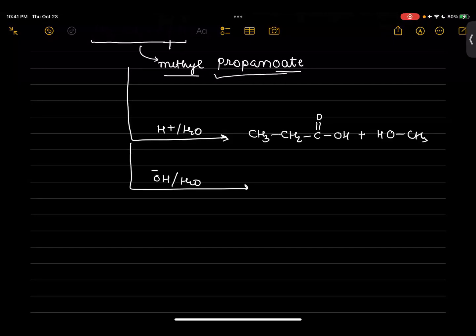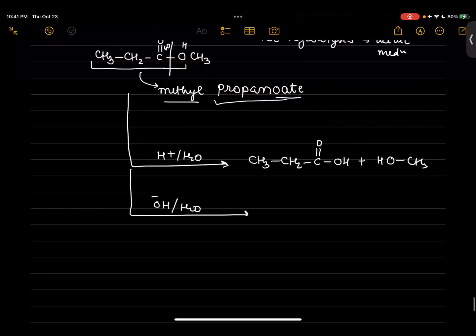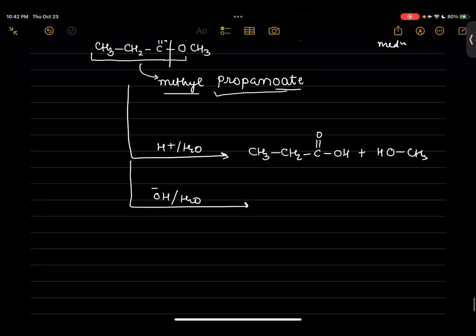And we use a product in our daily life which is made by this process. What is that thing? It is known as saponification.